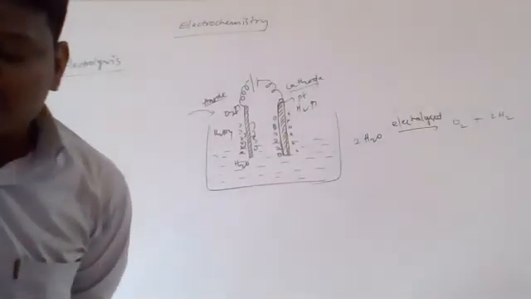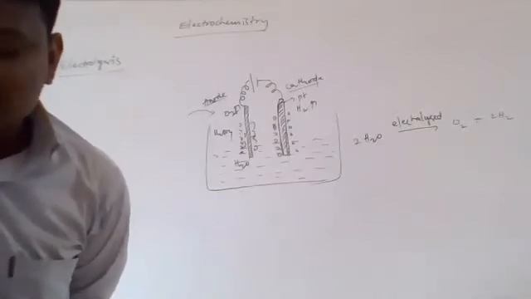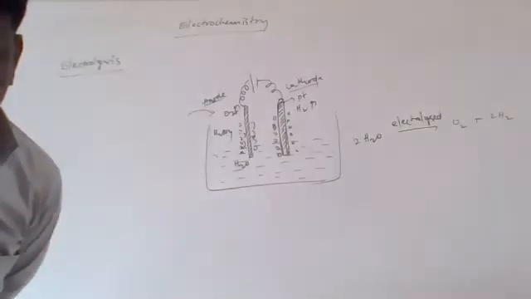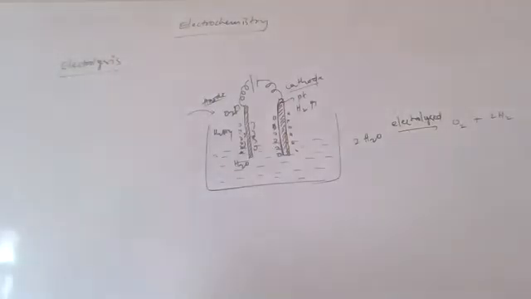The amount of product produced at the electrodes by electrolysis is directly proportional to the quantity of electricity passed through the electrolytic cell. Right.